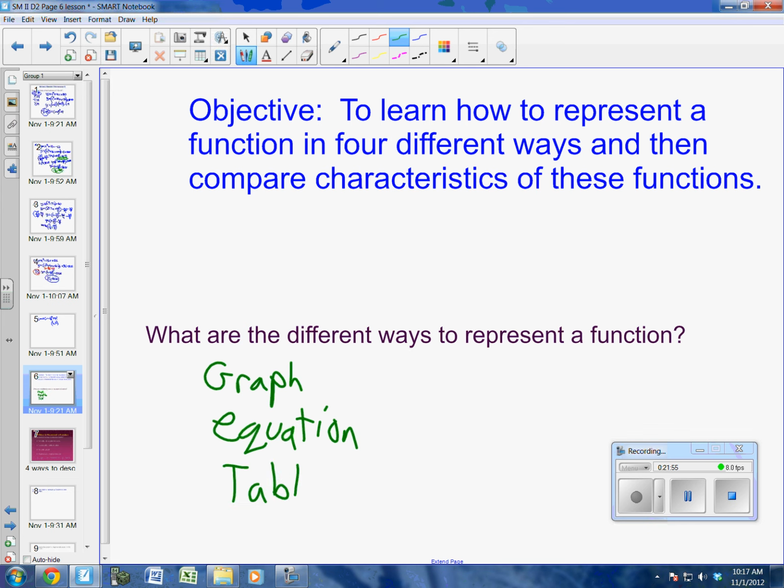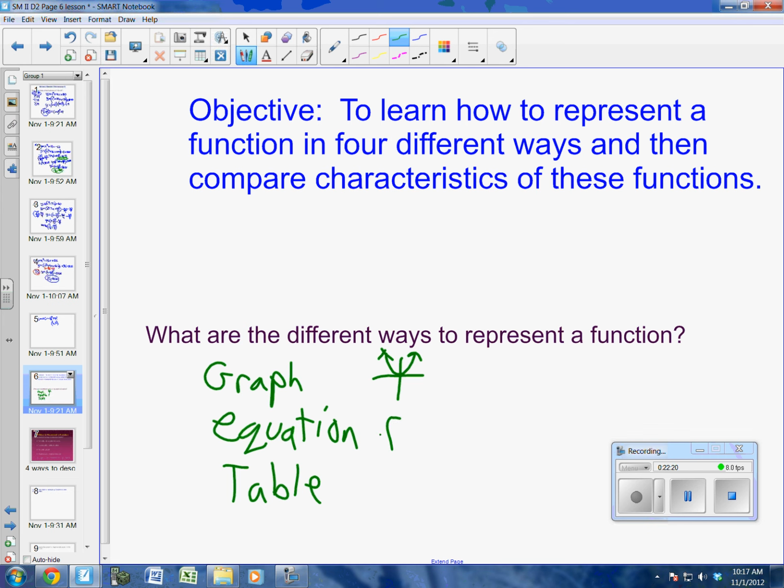Wow, you guys are good. I actually didn't think you were going to get some of these. The last one's the hardest one. Okay, we can graph something. Let's say it was x squared. There's that.